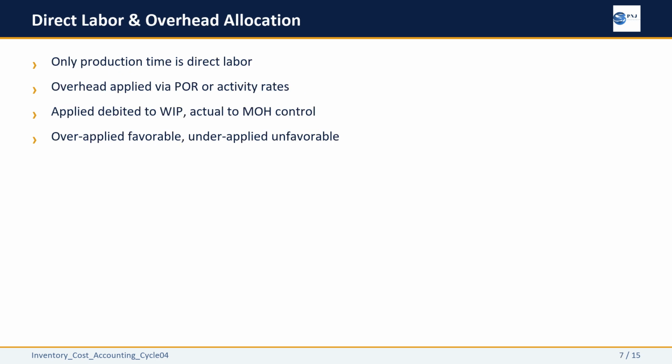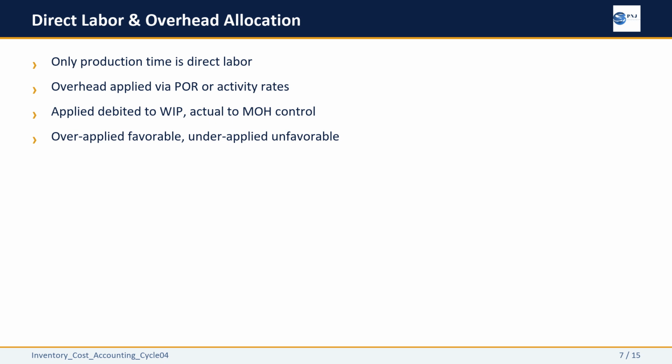Direct labor is the time worked directly on production, captured by time cards or the production system. Be careful here. Supervision, maintenance, quality inspection, and factory administration are not direct labor. They are overhead. Manufacturing overhead (MOH) gets allocated in two steps. First, overhead lands in cost pools or activity pools if you use activity-based costing.